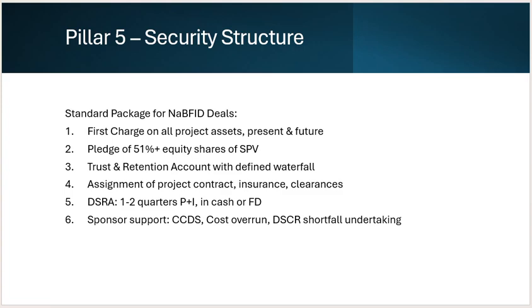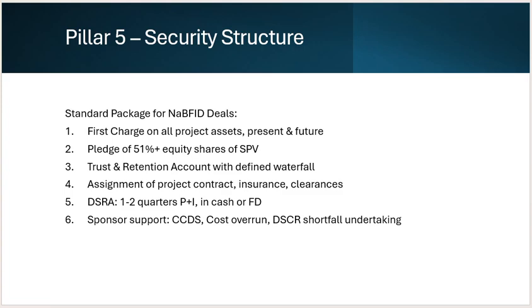And the assignment of project contracts, insurance and clearances, or the different contractors who sign that project, and the debt service reserve account, which we consider as the DSRA. So one to two quarters of principal and interest we take in FD form, or cash, in the debt service reserve account.